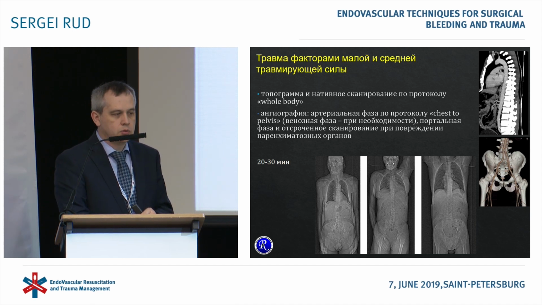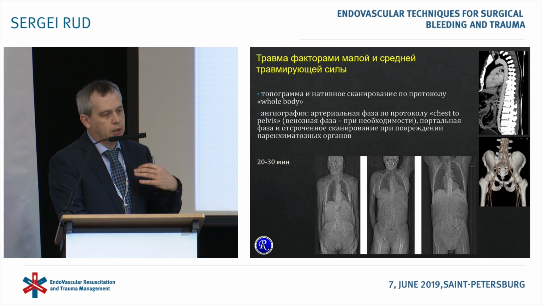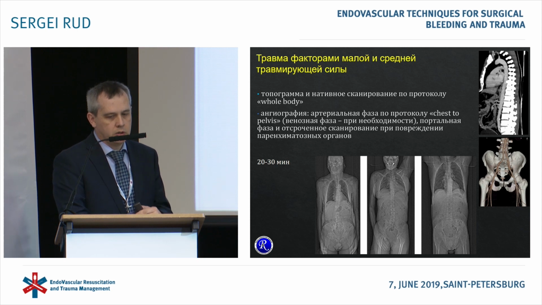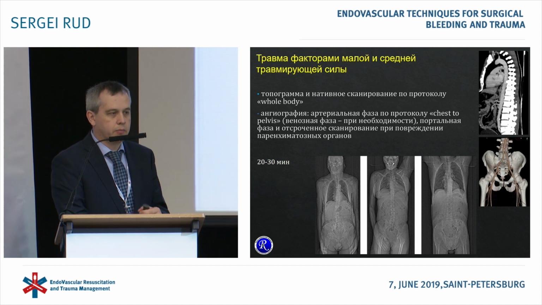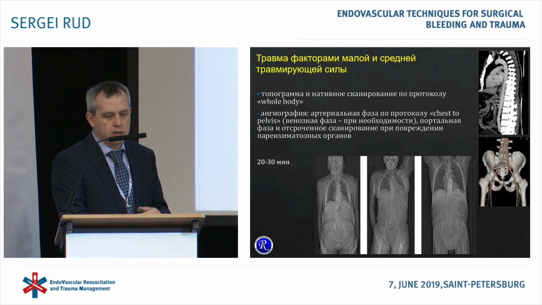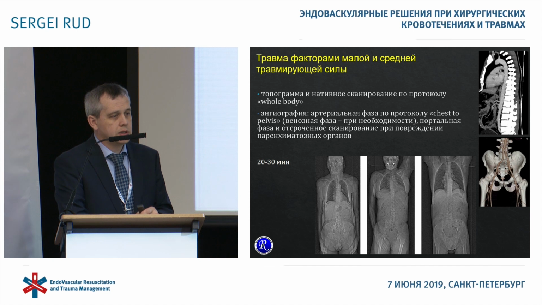When we carry out CTA, we have to take into account that we very often do not pay attention to the position of hands of the patient and arms, and very often this leads to artifacts that hinder us from reading the scans right. If we know the mechanism of the trauma, we can more or less properly assess the damage or no damage of the upper brachial girdle.